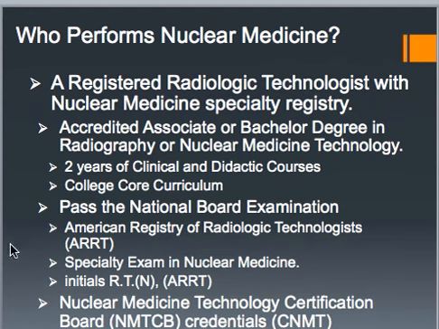So it would be both. And then their credentials through the NMTCB would be CNMT, which would be Certified Nuclear Medicine Technologist. So like I said before, if you're asked nuclear medicine technologists are registered through, it would be both ARRT and NMTCB.